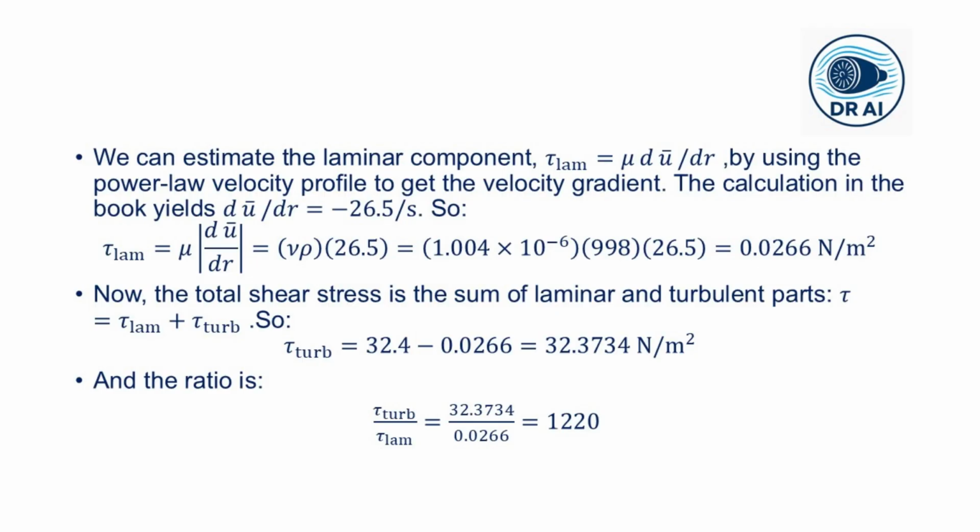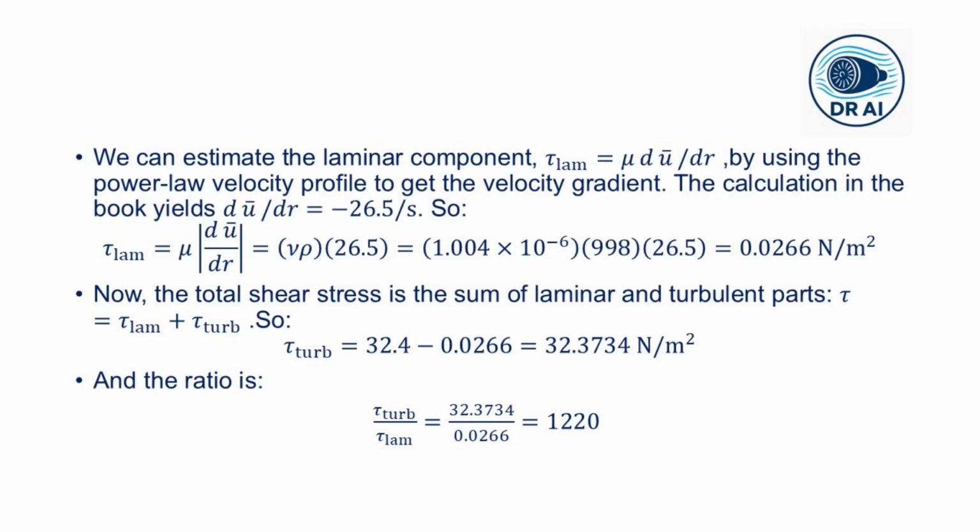So tau turbulent divided by tau laminar comes out to be 1220. At a point halfway to the wall, the turbulent shear stress is more than 1000 times larger than the laminar contribution. This is the overwhelming dominance of turbulence. The laminar part is practically negligible.